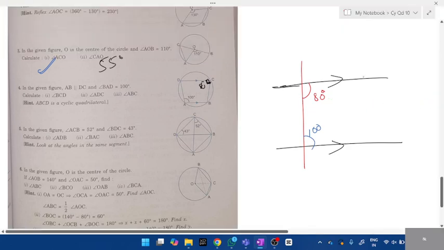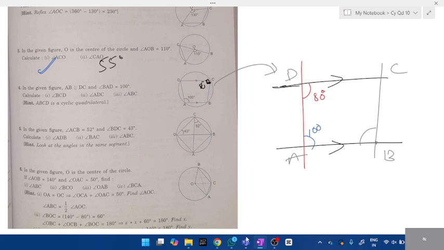And yesterday Tanishka asked about this question, where we have two lines like this. Look here, this question. This is D, C, A and B. Okay, in parallel lines, look at angle A and B. Are they top and bottom or left and right?